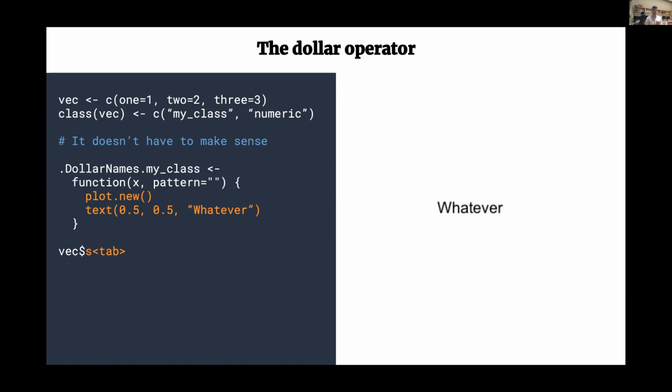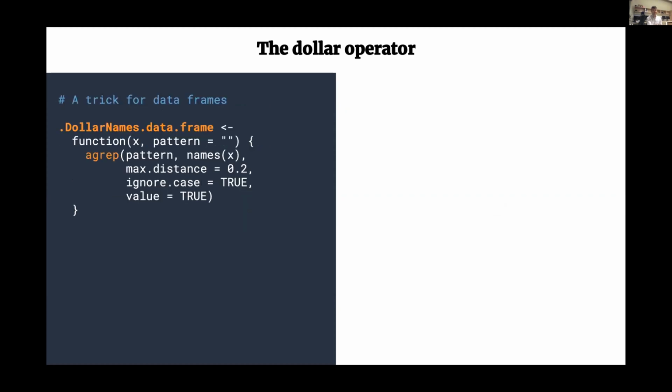So basically the takeaway is that you can transform this function to do anything, not just provide you with autocompletion. And where can this be used in practice, besides, of course, writing your own custom classes? It can be used to modify how autocompletion works for data frames. So if we now write this function $names.data.frame, we will be implementing a generic for the data frame class.